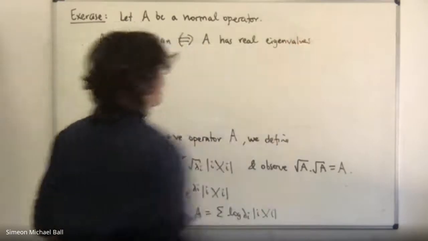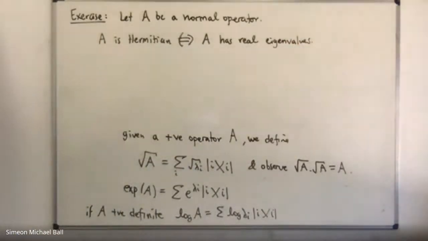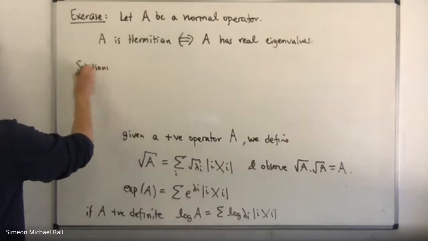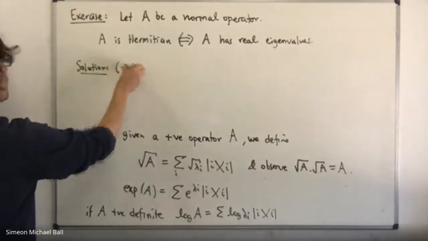Then we can see that something is Hermitian if and only if it's got real eigenvalues. So it's normal.